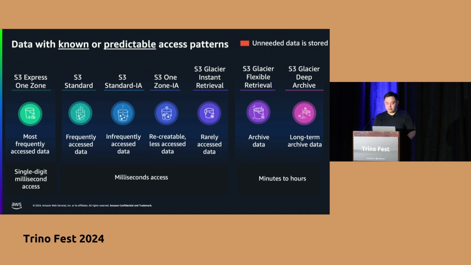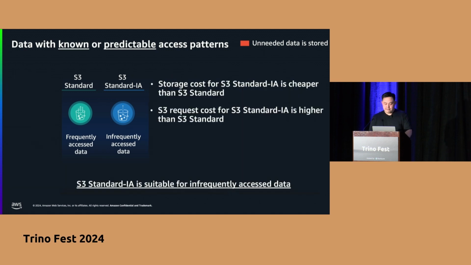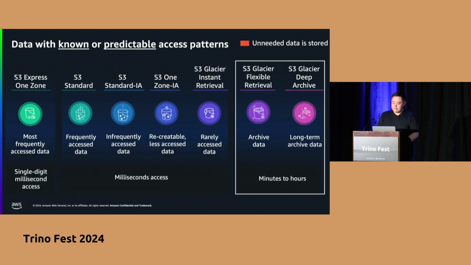Let me explain some of the storage classes. In the case of S3 Standard-IA, the storage cost is cheaper than S3 Standard, but the S3 request cost is higher. In that sense, Standard-IA is suitable for infrequently accessed data.